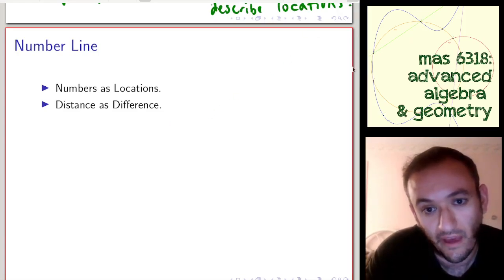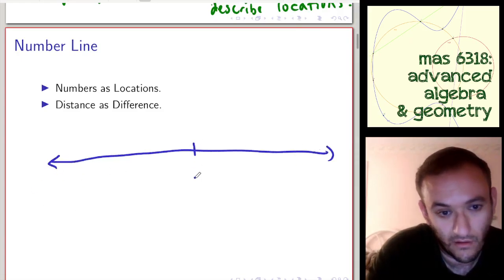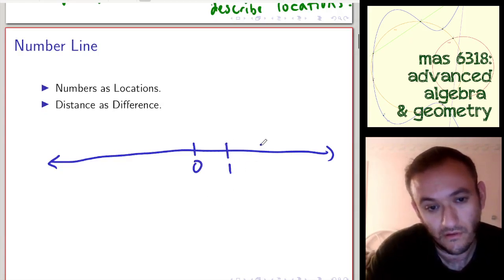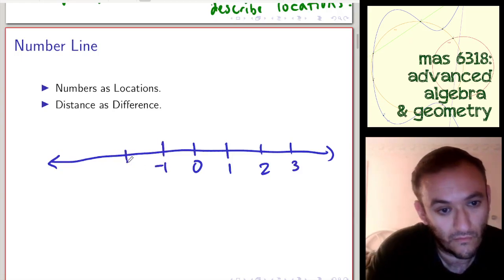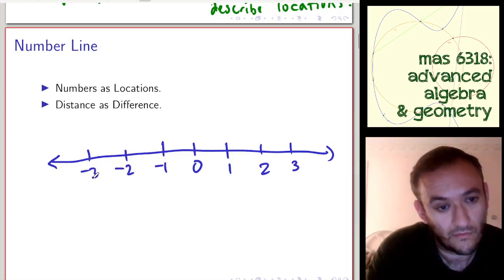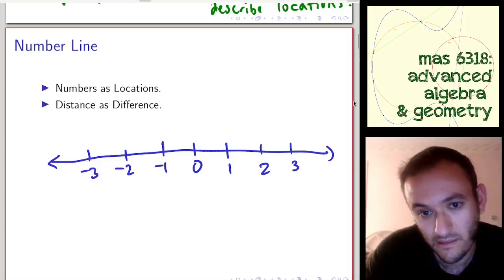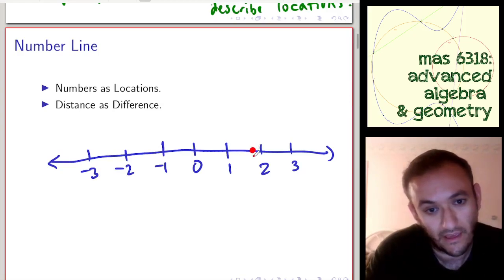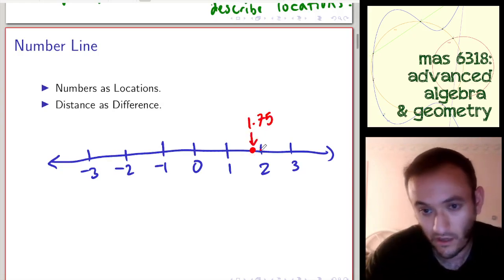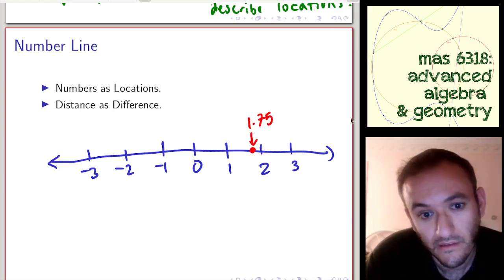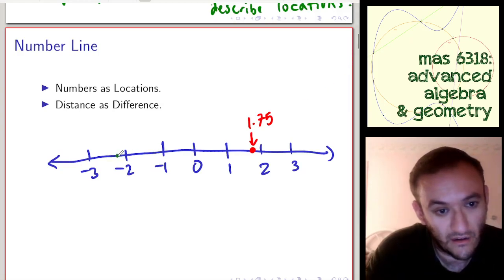So we can talk about marking a line with numbers, stepping forward one integer at a time, and if I have 2 points on this number line, I can describe them using a certain number. Let's say that's 1.75.